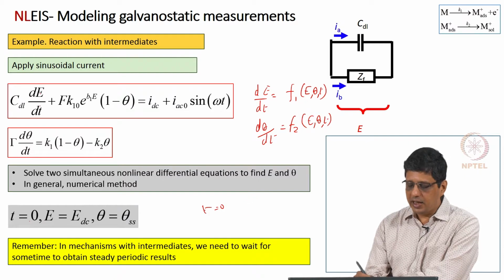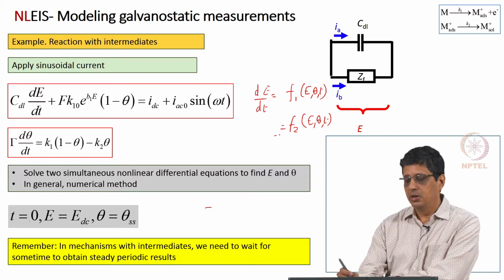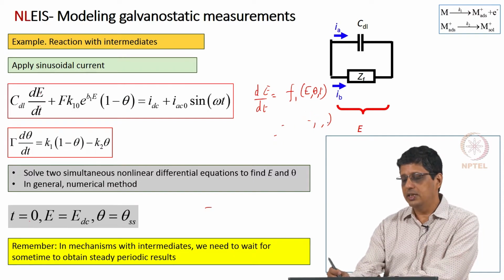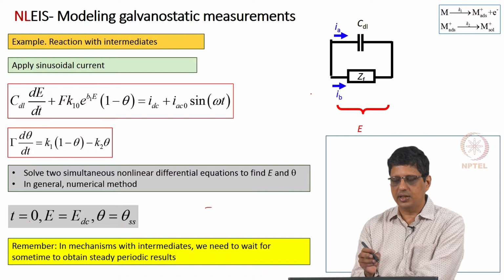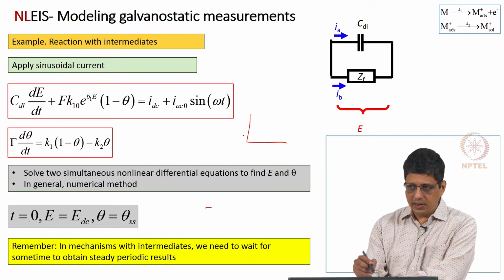Whenever we have a mechanism with intermediates, or even without intermediates, if you have significant solution resistance or significant mass transfer impedance, in all those cases, even for a simple electron transfer reaction, it is like the previous case where we used pseudo potentiostatic mode.